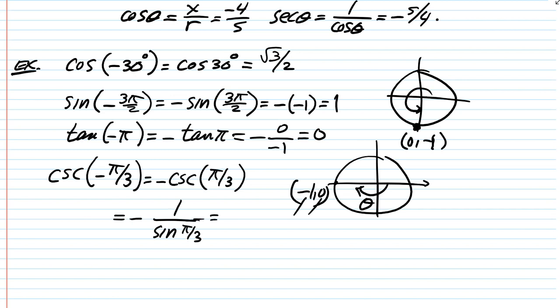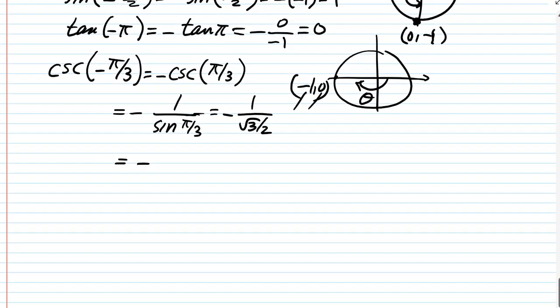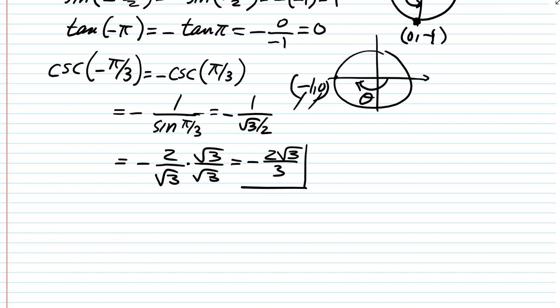And sine of pi over 3 is root 3 over 2. Okay, so therefore this is going to be negative, invert and multiply, 2 over root 3, which I can rationalize and get negative 2 root 3 over 3. And there we have it.